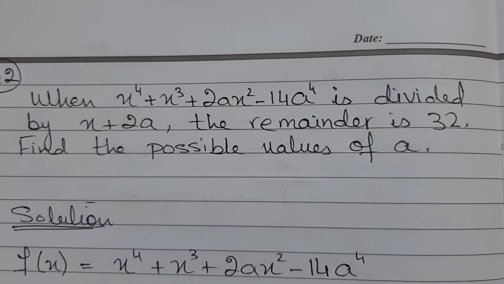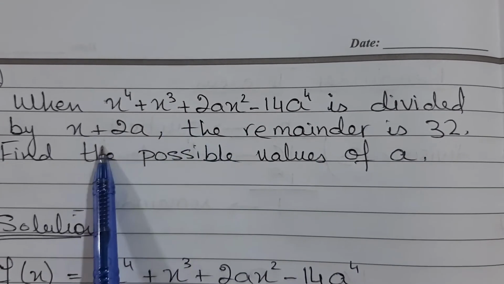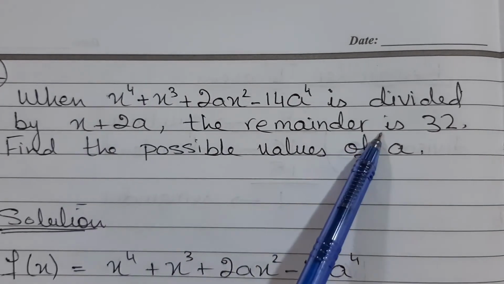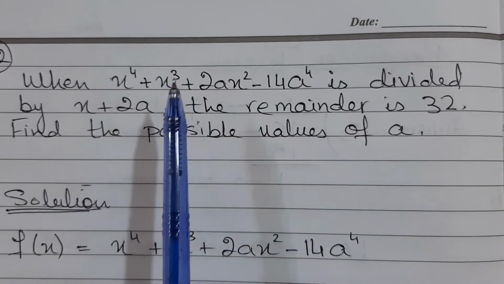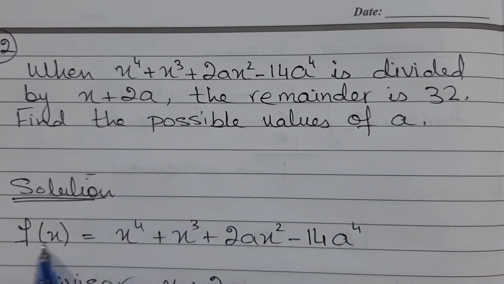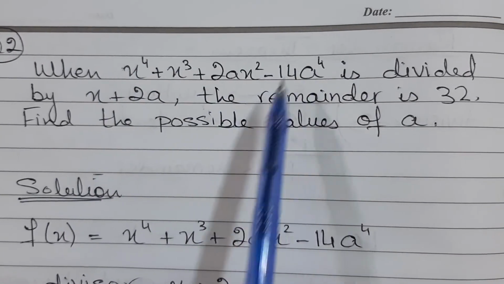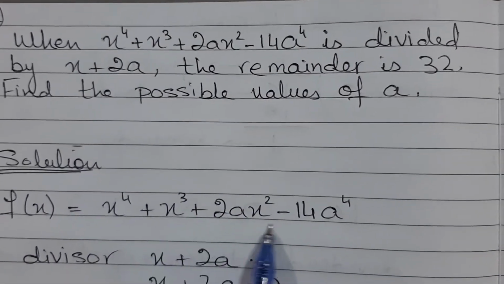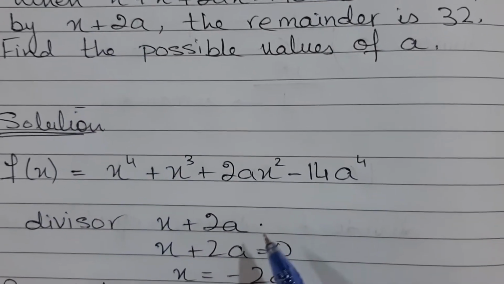Let's take this example now. In this example, this function is divided by this and the remainder is 32. You have to find the value of a. So let me say that f of x equals this, just like in functions we do in maths, right? So I'm calling this polynomial f of x. My divisor is x plus 2a.